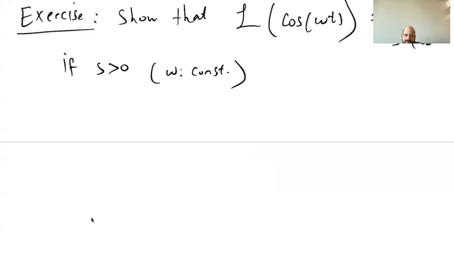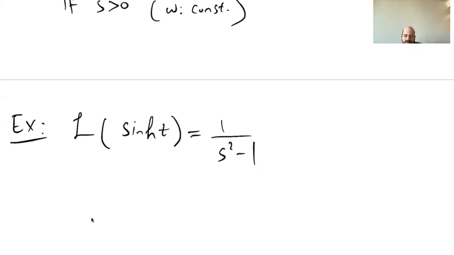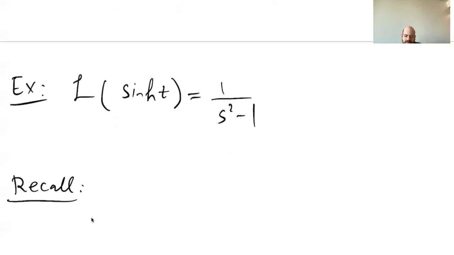Now another example: let's say the Laplace transform of sine hyperbolic t is equal to 1 over s squared minus 1. How can we show this? First of all, we need to remind ourselves about the definition of sine hyperbolic.